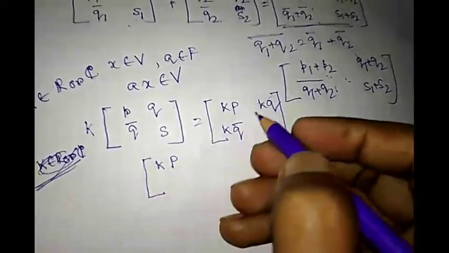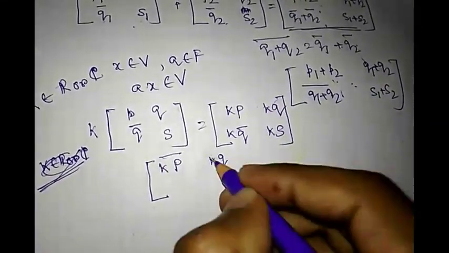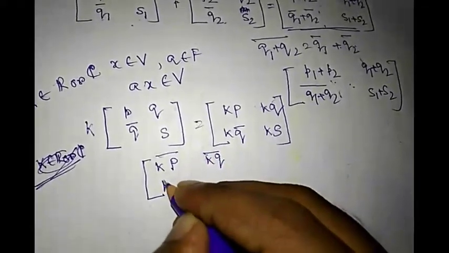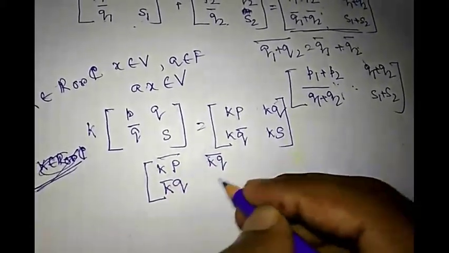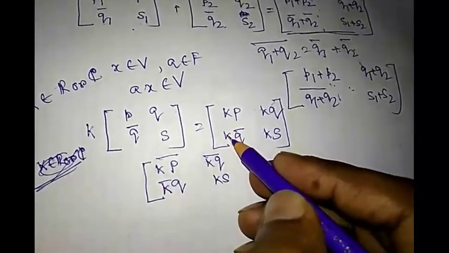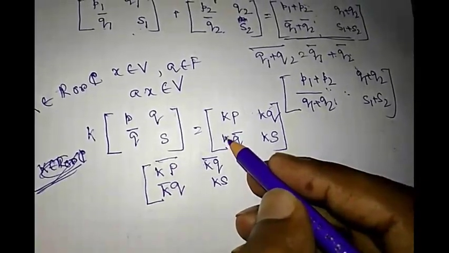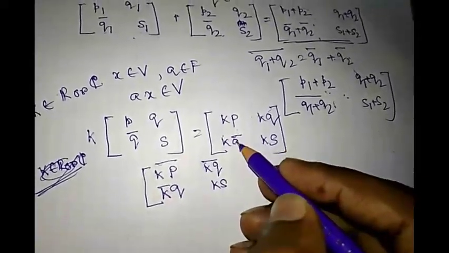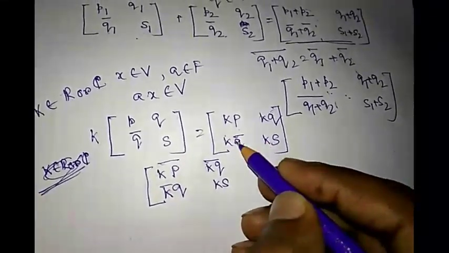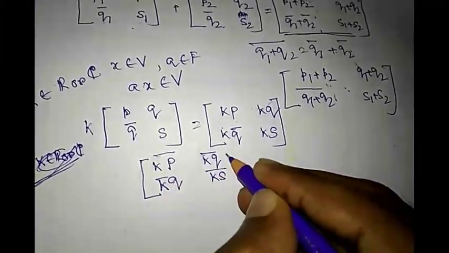Taking the bar, we get K bar P, K bar Q bar, K bar Q, K bar S. This is because the bar of a product is a bar times b bar, so it will be K bar times Q bar bar, and we know a bar bar equals a, so Q bar bar will be Q, and here it will be K bar.